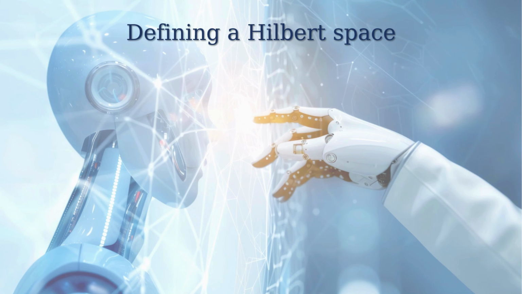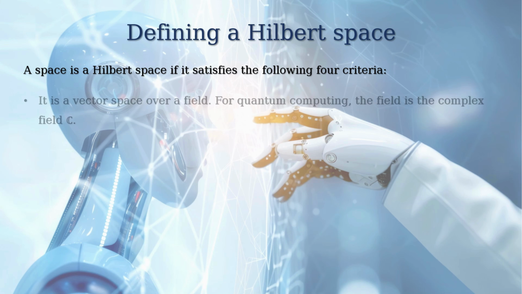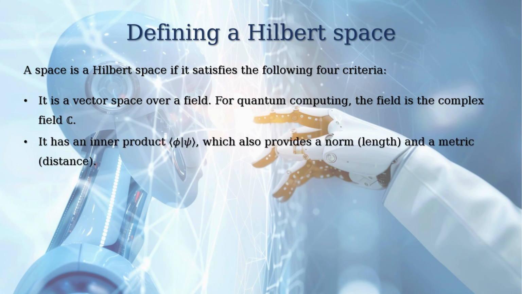Now, let's define a Hilbert space. A space is a Hilbert space if it satisfies the following four criteria. Number 1, it is a vector space over a field. For quantum computing, the field is the complex field.